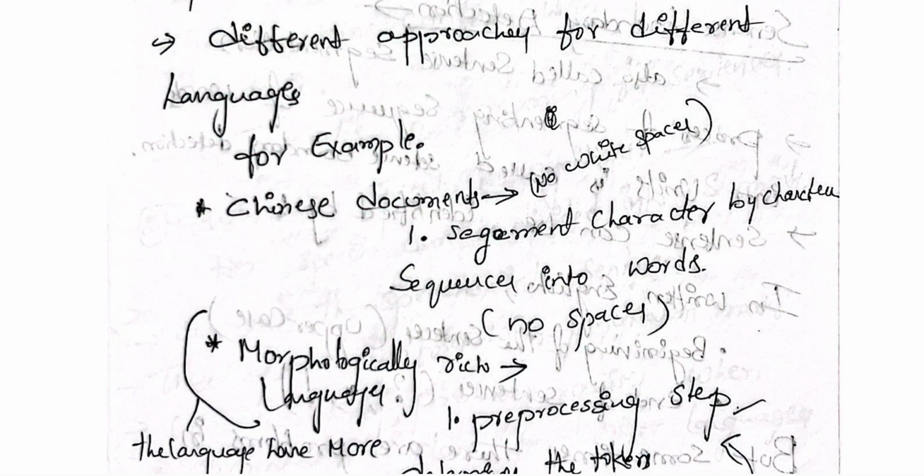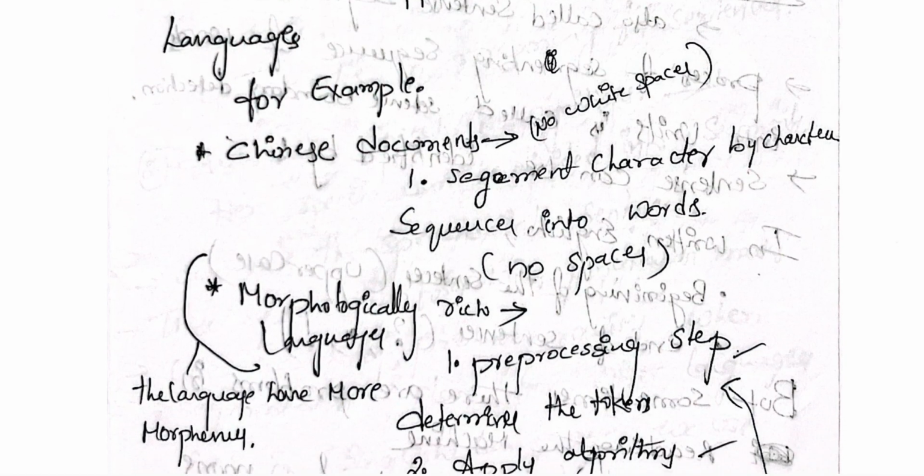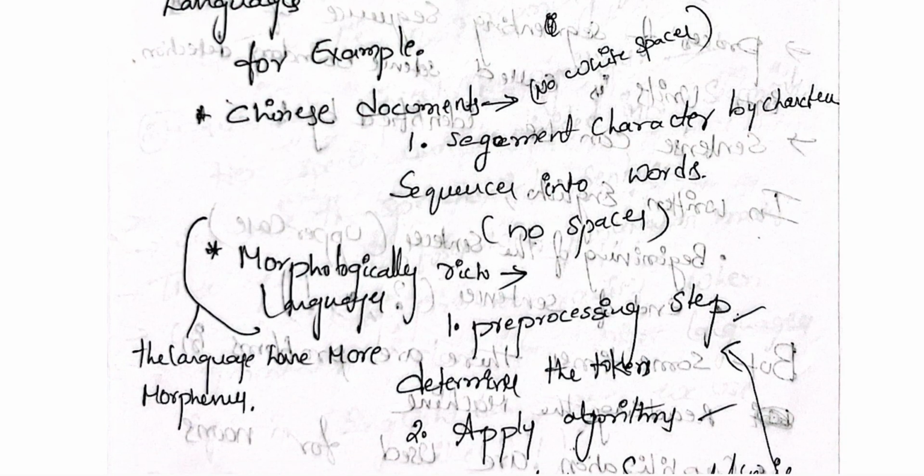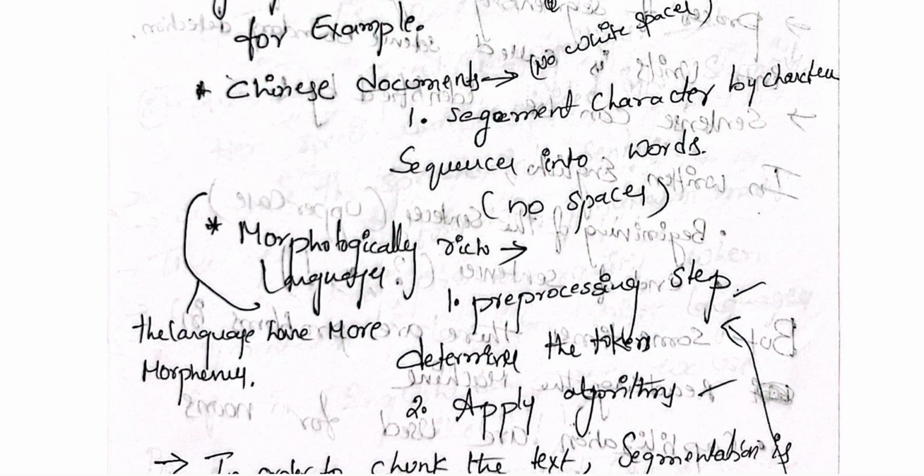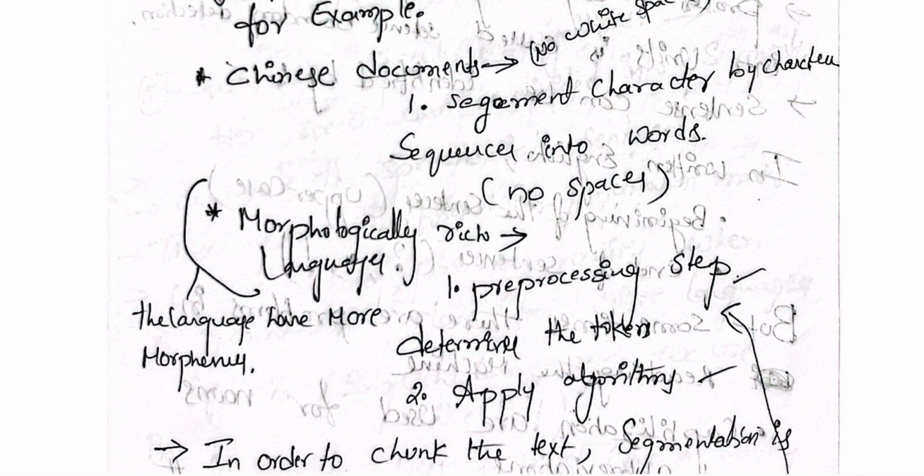Without spaces, these kinds of languages we can call morphologically less languages. That means the language doesn't have many alphabets, and they use a single word for multiple meanings. Now coming to morphologically rich languages.